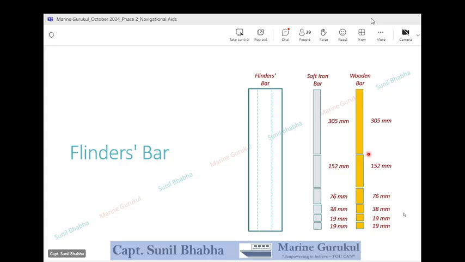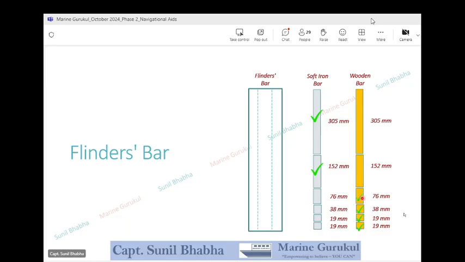So first of all, the compass adjuster evaluates what length of the flinder bar he requires. Let us assume that on a particular ship, the compass adjuster has ascertained that he needs to use these two pieces, 305 mm and 152 mm. Leaving these two pieces, 305 and 152, he will pick up all the other pieces of the wooden bar.